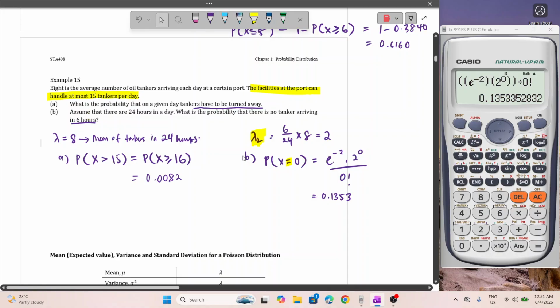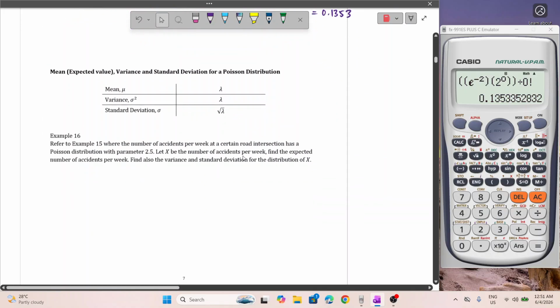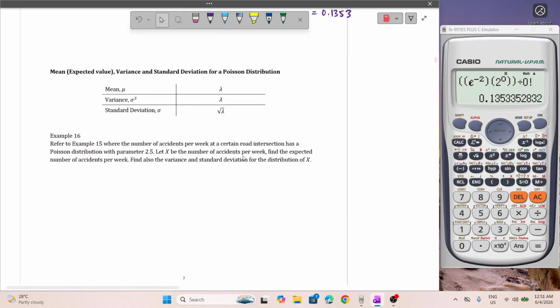Right, now let's look at the mean and expected value, variance and standard deviation for a Poisson distribution. For a Poisson distribution, the mean, also known as the expected value, is equal to lambda.